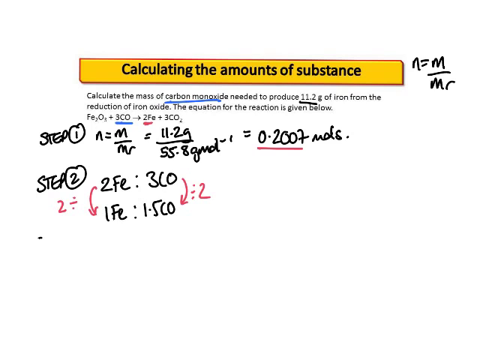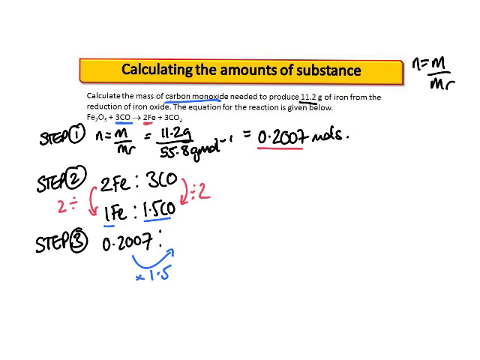Now, step 3 involves using what we've calculated in our first part, where we worked out the number of moles in 11.2 grams of iron being 0.2007. So we can input that onto our iron side, and to work out the amount of carbon monoxide, we just times it by 1.5, just like the ratios show.